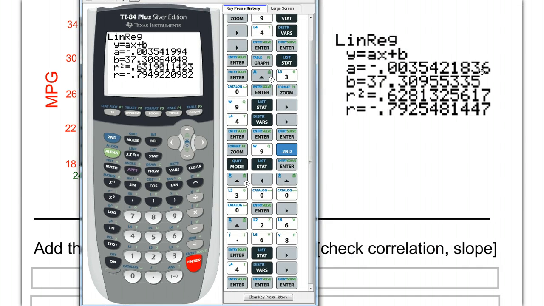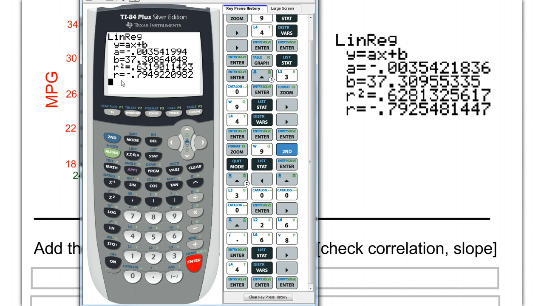Let's compare it to the original data. The slope is nearly identical. If you include rounding error, it's effectively, the slope has not changed. Same thing with the y-intercept. The y-intercept has effectively not changed.